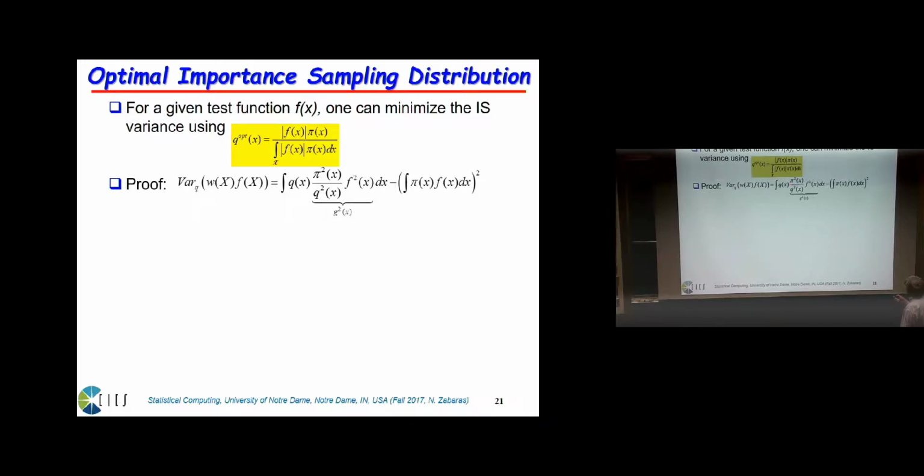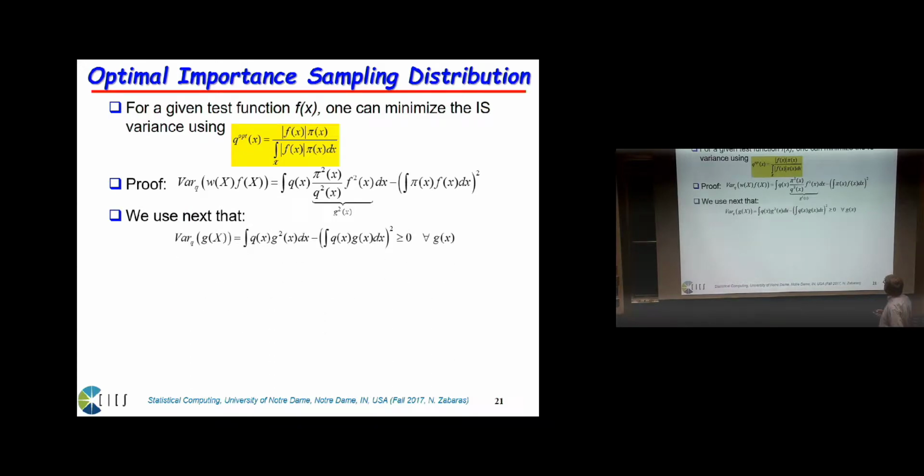Can you tell me, is this whole thing positive or negative, this variance? It has to be positive. So let me call this function here g squared. If I take the variance of the function g of x, we agree that this inequality is true, right?